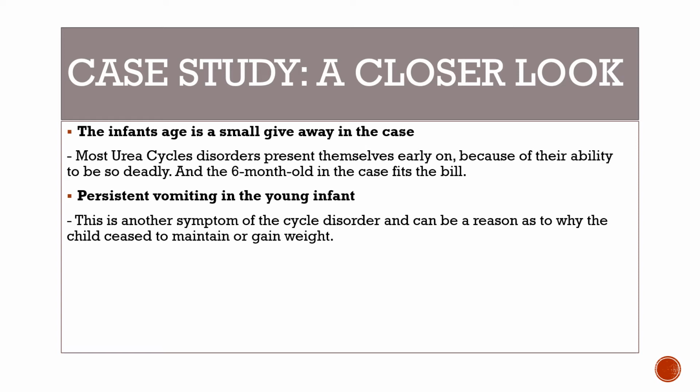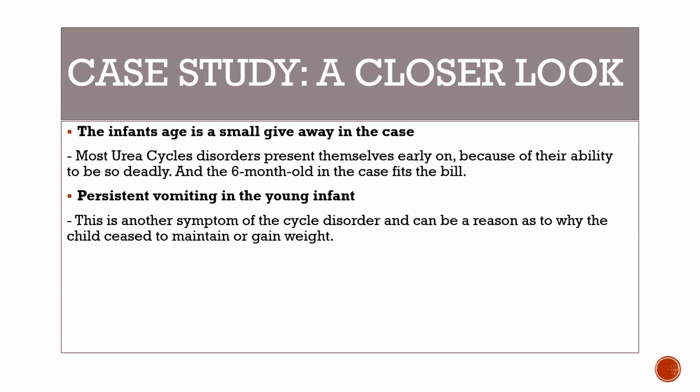We know that the urea cycle is very needed in the body, so it makes sense that it will show itself earlier on because of its need. If something's not happening, we'll be able to see that very early on because the child would have many problems, and that just doesn't happen later on in life mostly.